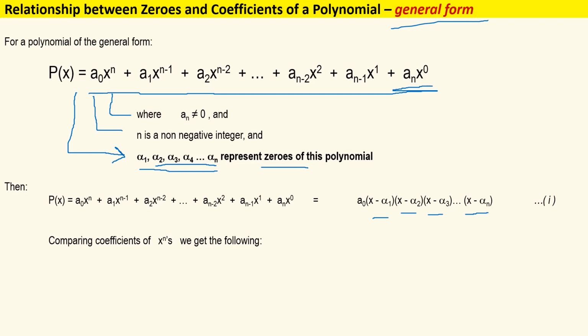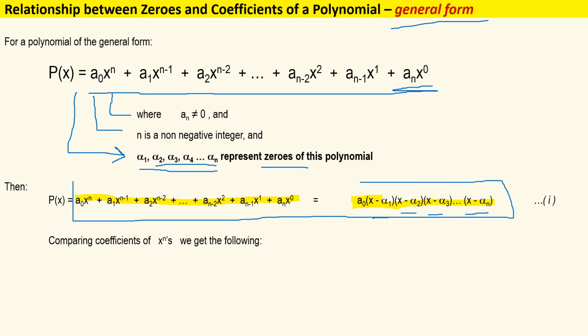So the given equation is a0 times x raised to power n plus a1 multiplied by x raised to power n minus 1 plus a2 multiplied by x raised to power n minus 2 and so on, is equal to a0 times x minus alpha 1 times x minus alpha 2 times x minus alpha 3 and so on up to x minus alpha n. So this is our equation where we have different coefficients of different powers of x.